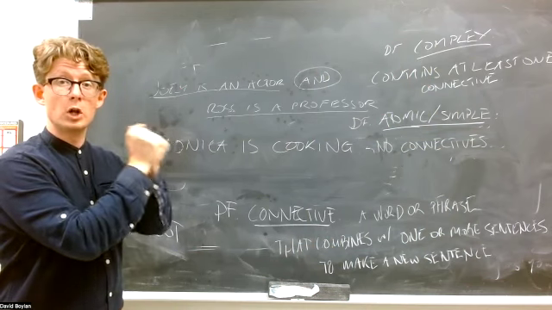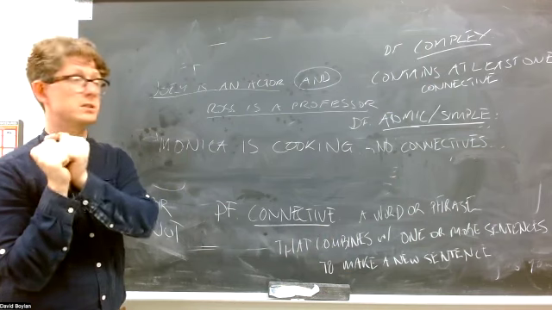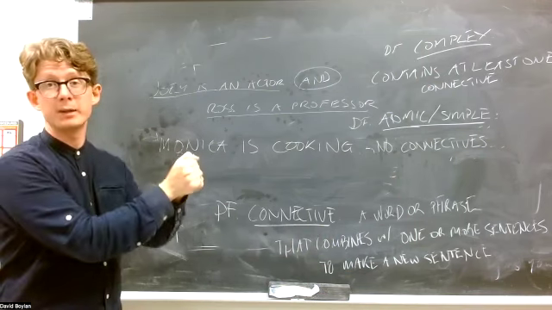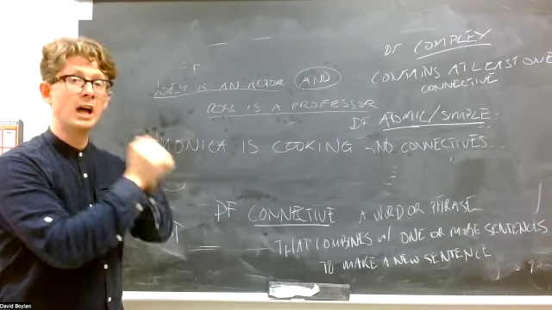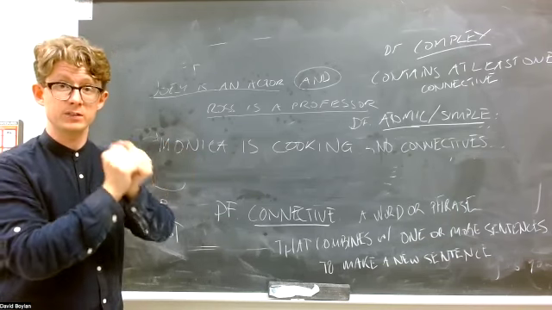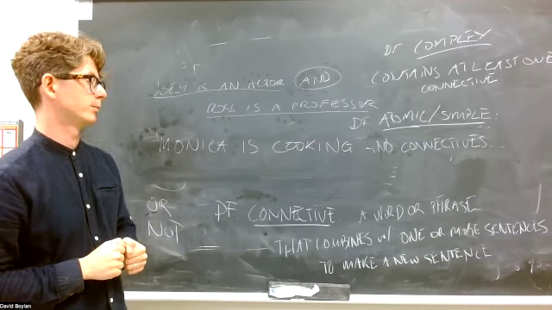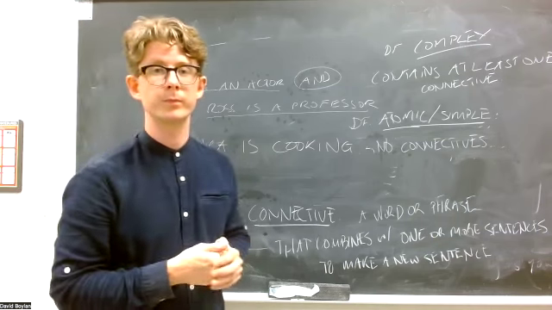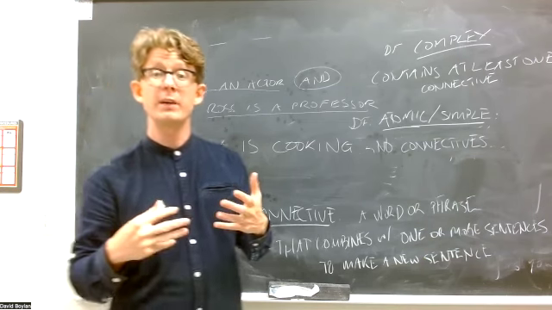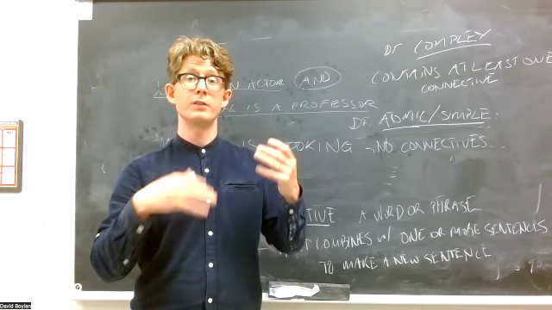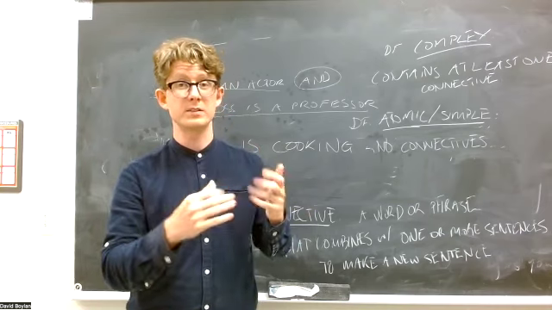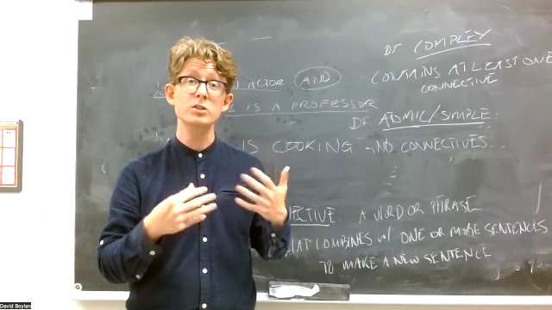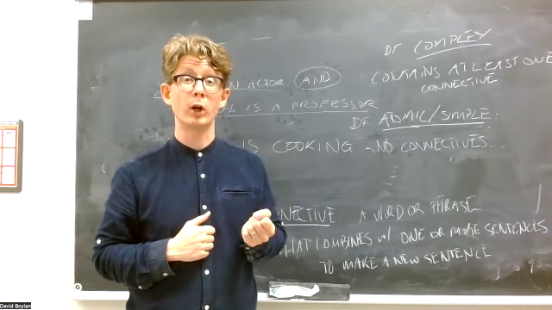Atomic sentences have no sentences as parts. Complex sentences do have sentences as parts. Or to say the same thing, atomic sentences contain no connectives. Complex sentences do contain connectives. They have to contain at least one connective. So now that we have these ideas of connectives, of atomic or simple sentences, and complex sentences, in the next video, we're going to put these together and use them as a way of thinking about the form of arguments.